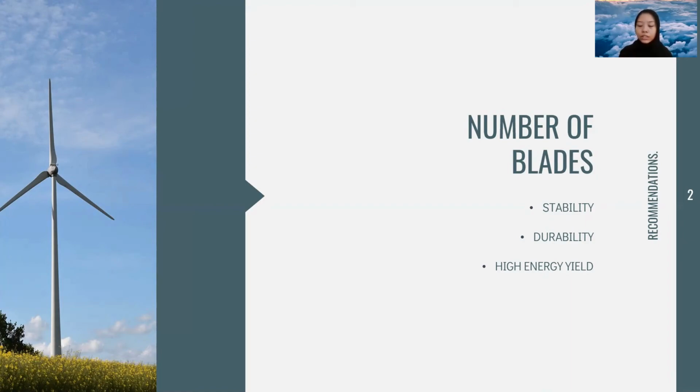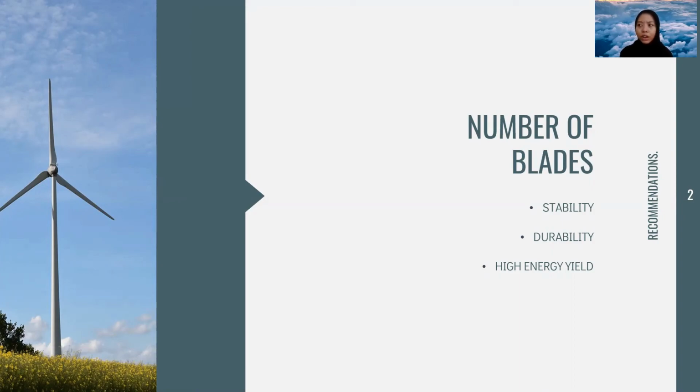However, it will make the wind turbine unbalanced, so it's not suitable to choose 1 blade for a wind turbine because of its stability. Same goes with 2 blades. It will wobble when they turn to face the wind, so it becomes steadily less effective.